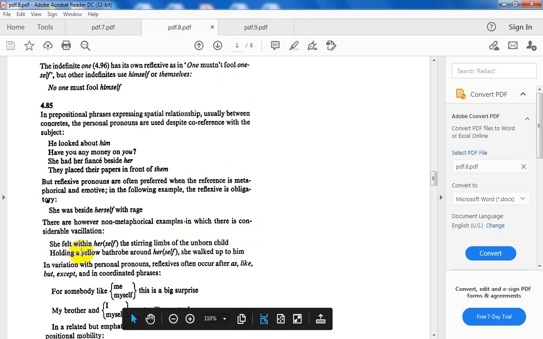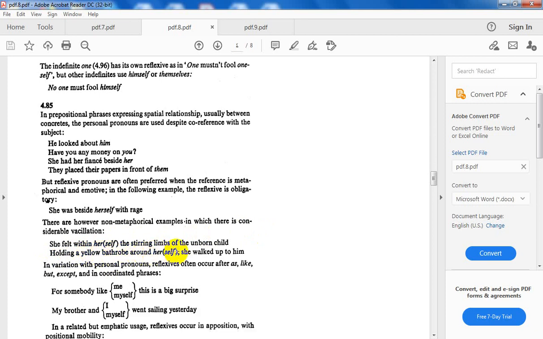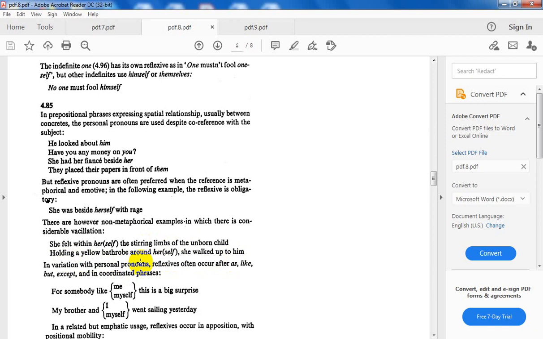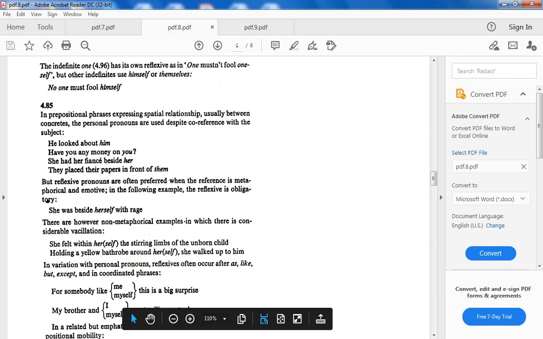She felt within herself or within her the stirring glimpse of a poor child. يعني it is something okay, non-metaphorical. Holding a yellow bathrobe around her or herself, she walked up to him. هذا المعنى هنا تماما not metaphorical, but still you can use the reflexive and the objective.